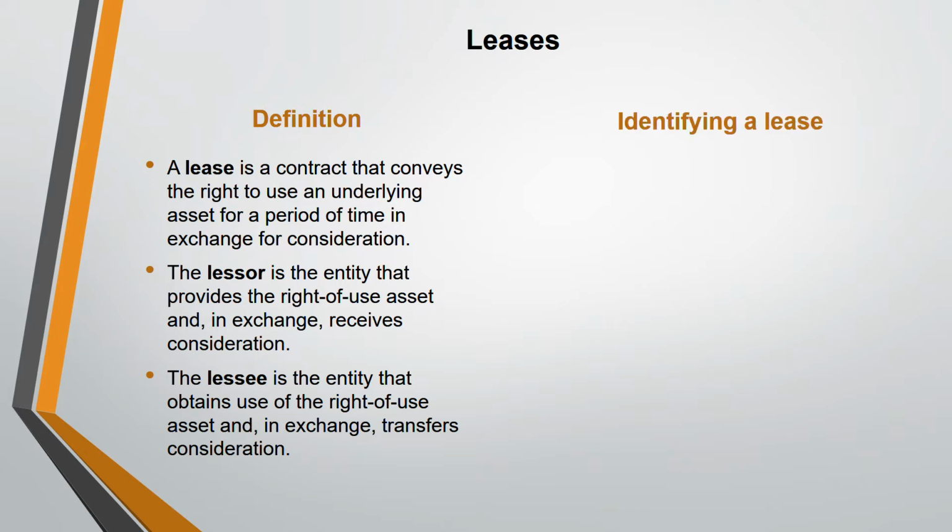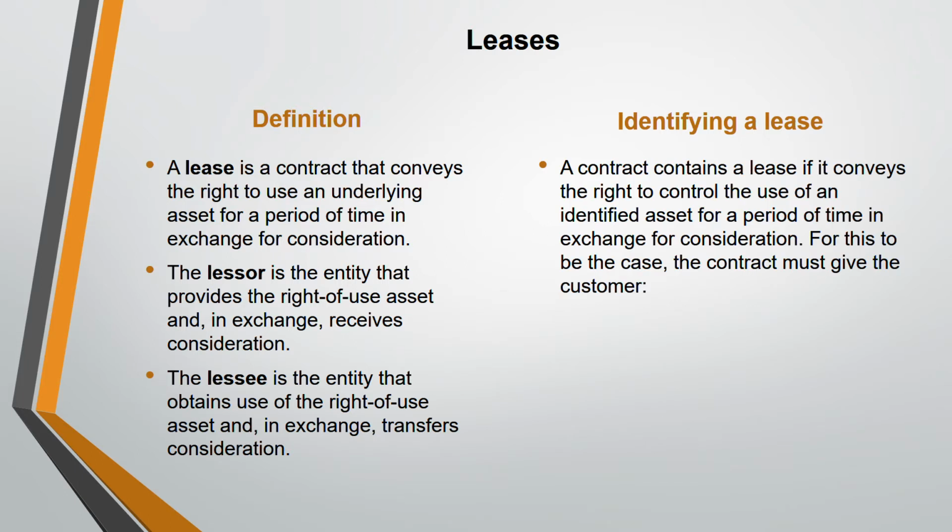Now, identifying a lease is very important. Not every contract has a lease, right? So, to identify that it's a lease, a contract contains a lease if it conveys the right to control the use of an identified asset for a period of time in exchange for consideration.